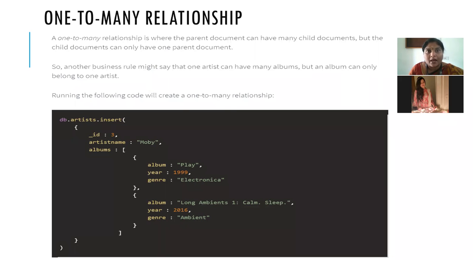As you know, an array is always represented in square brackets. So albums colon square bracket, first album is Play, year is 1999 and it belongs to Electronica, and the second album is Long Ambient, year is 2016 and genre is ambient. Like this, however many albums you want, you can keep on inserting, because this is a one-to-many relationship. So the business rule is one artist can have multiple albums.